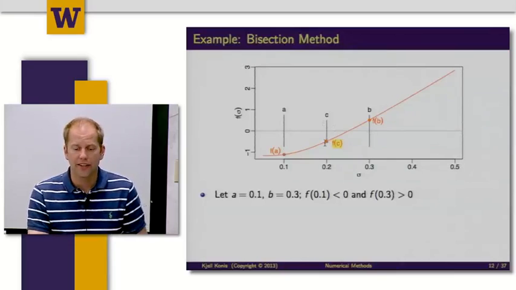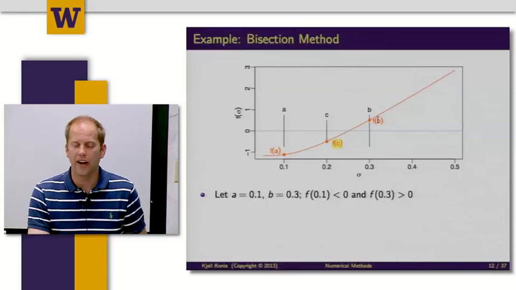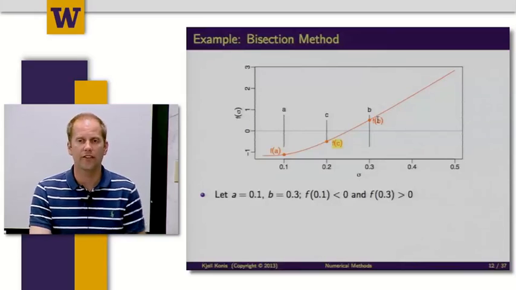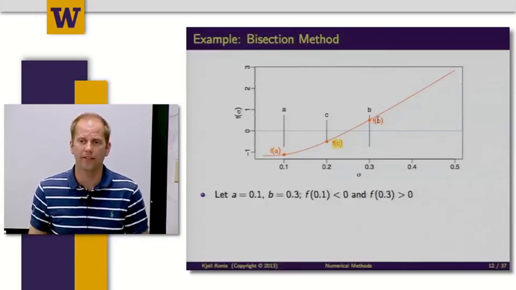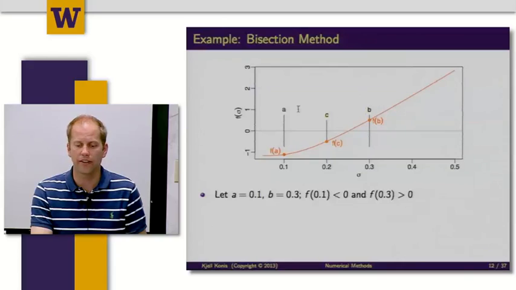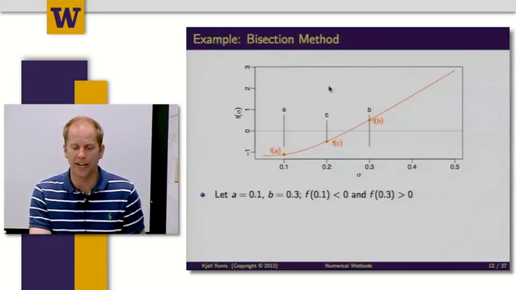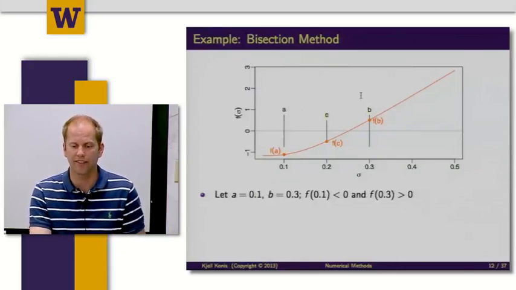On the other hand, for the interval from c to b, since f(c) is negative and f(b) is positive, I know the function has to cross 0 somewhere in that interval. So that's the interval I want to keep. Now I'm just going to do this all over again, starting with this interval: I assign c to a, go back to the beginning, and repeat the bisection process with just this interval on the right side.